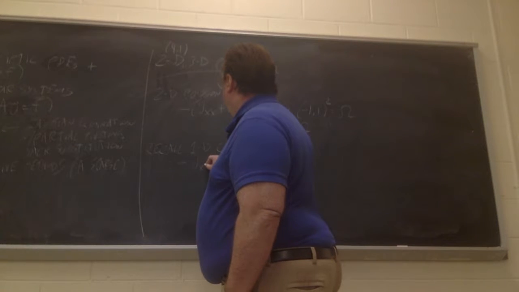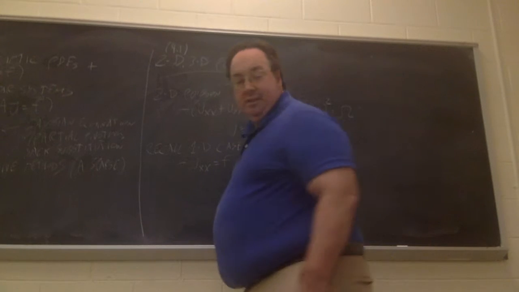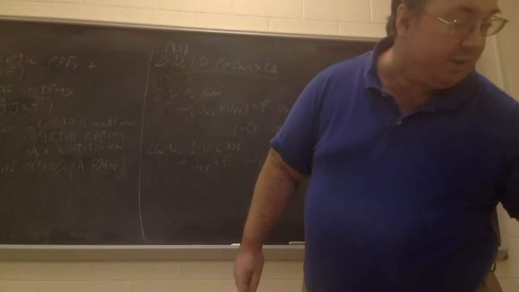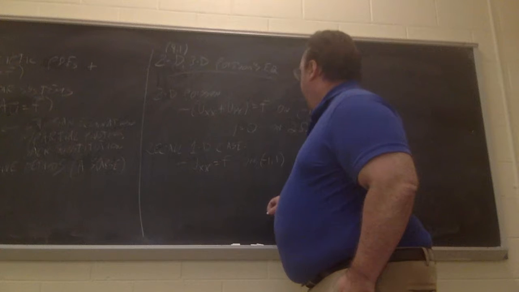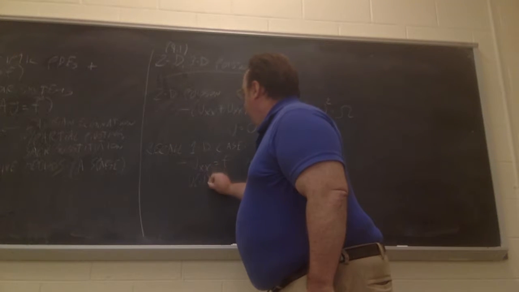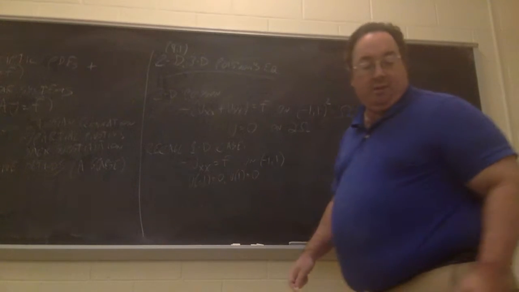minus uxx equals f on the interval, say, well, actually I'll be consistent, minus 1 to 1. And then you have u at minus 1 equals 0, you have u at 1 equals 0.